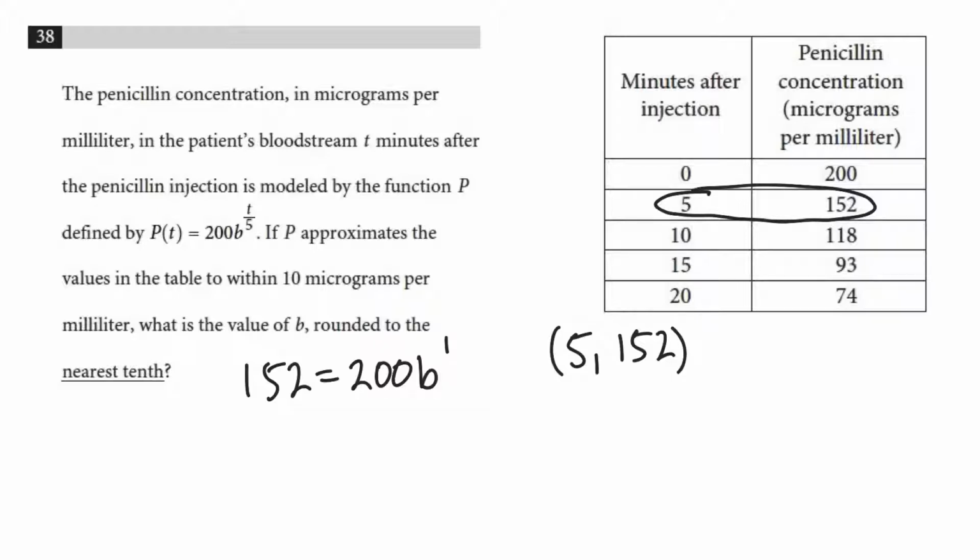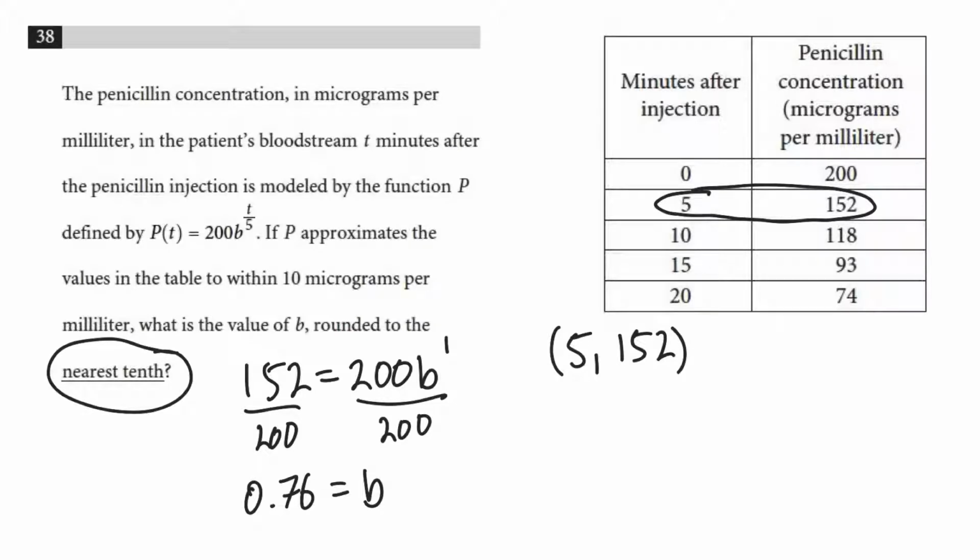Well then b to the 1 is just b. So I'm going to divide both sides by 200, and I will get that b equals 152 divided by 200, 0.76. Now, if we're rounding to the nearest tenth, I want to bump that up to 0.8, or 8 tenths.